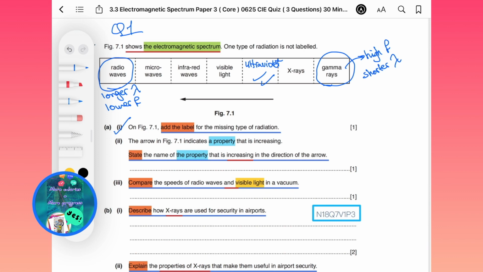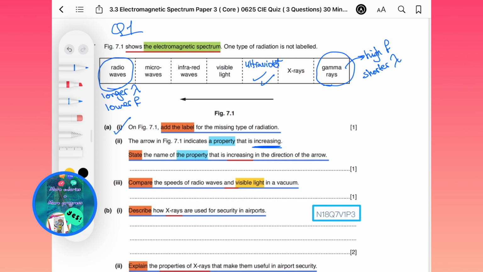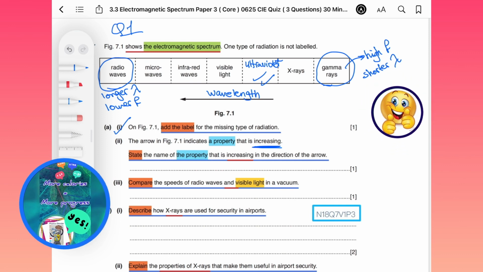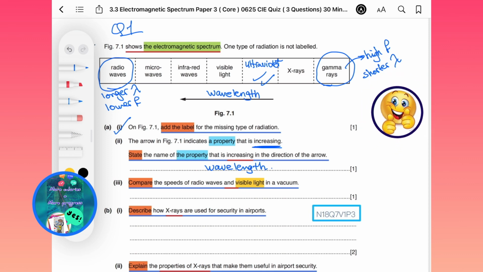So in this direction, which property is increasing? It means wavelength is increasing in this direction. You have to write it here in the space. Wavelength is increasing in this direction.